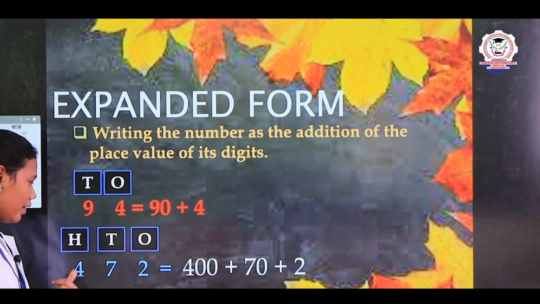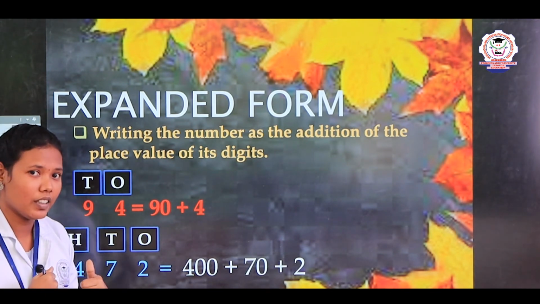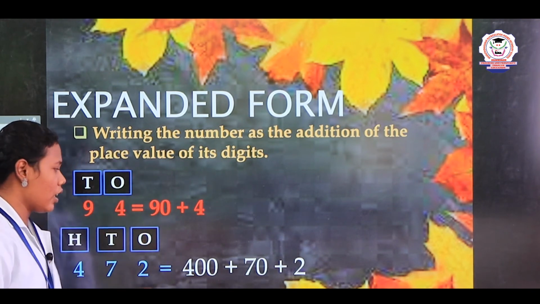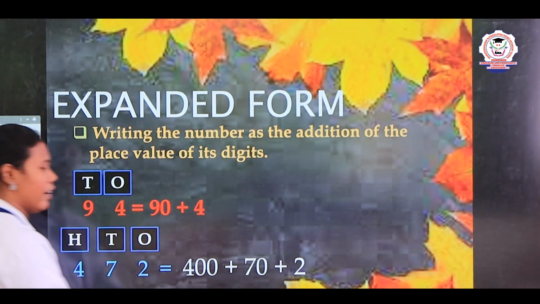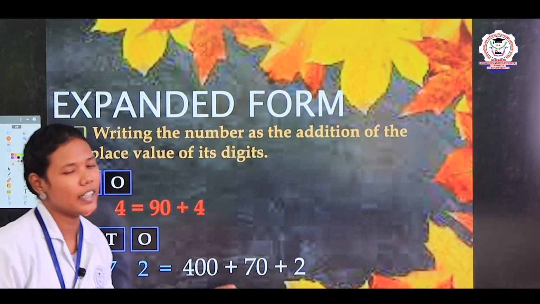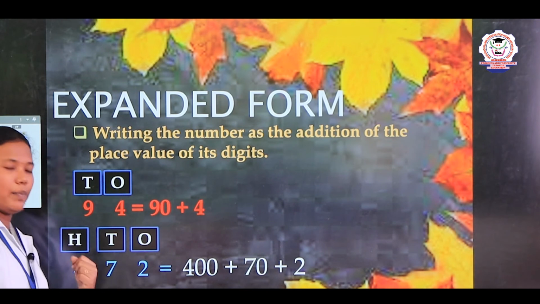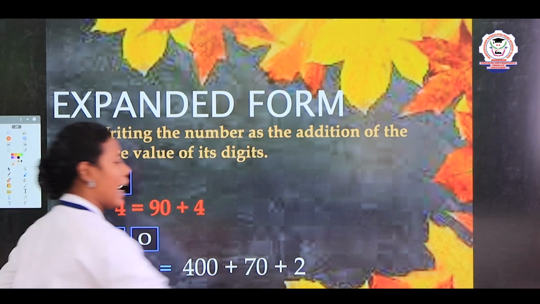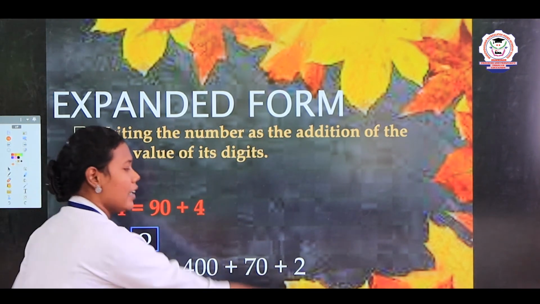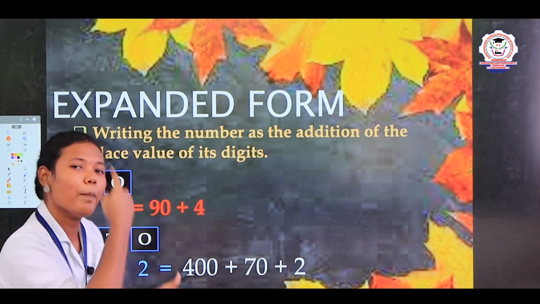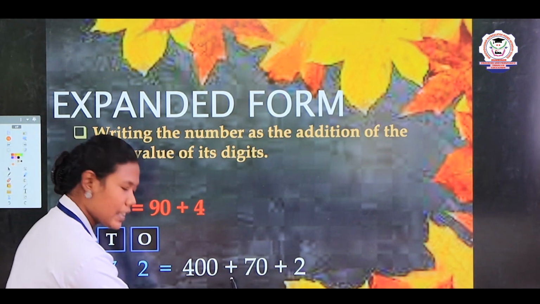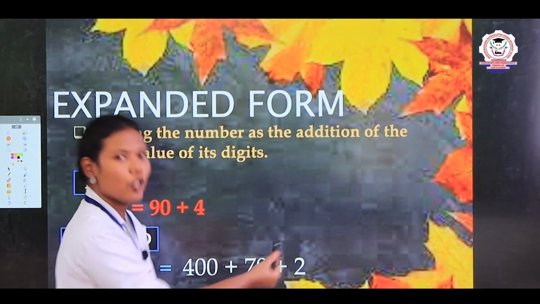And for 100, how many zeros? 2, right? 1 and 0 0, right? 2 zeros. So we take 4 and write it here. We add 2 zeros because it is in the hundreds place. Okay, so we will add together, as I told you before, addition. So we add these with the help of the plus symbol, right? So 400 plus 70 plus 2.